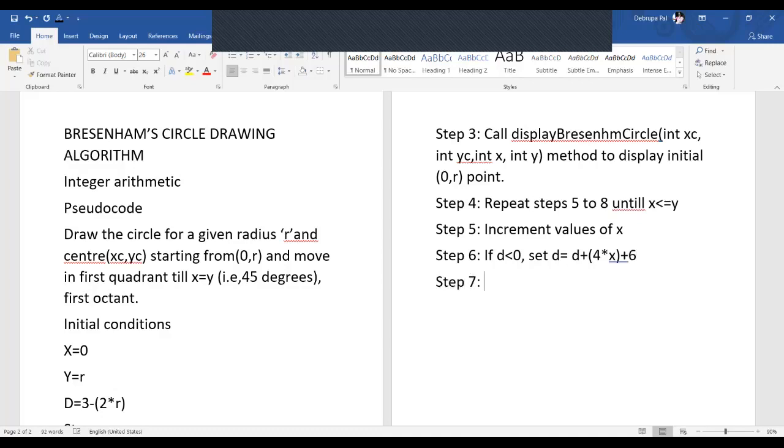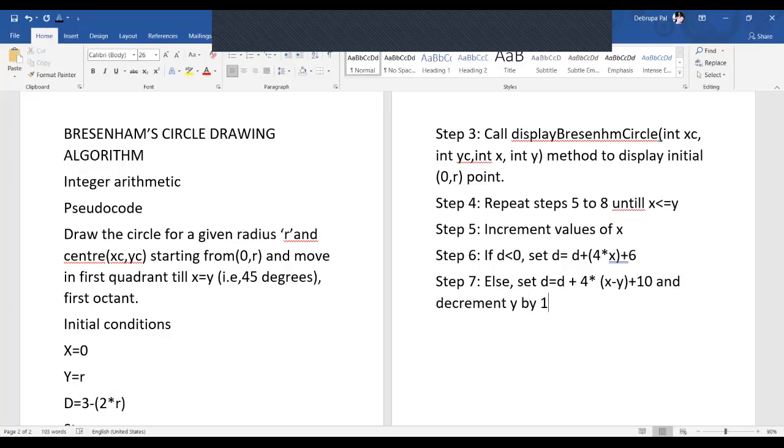Else set d is equal to d plus 4 into (x minus y) plus 10 and decrement y by 1.